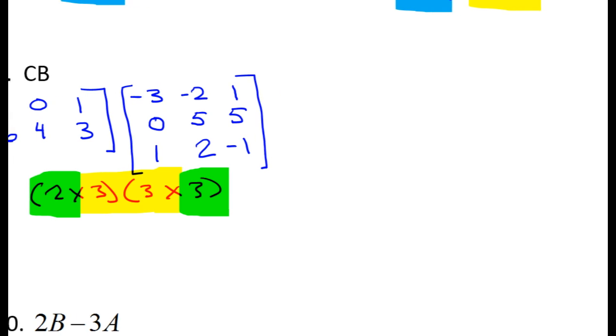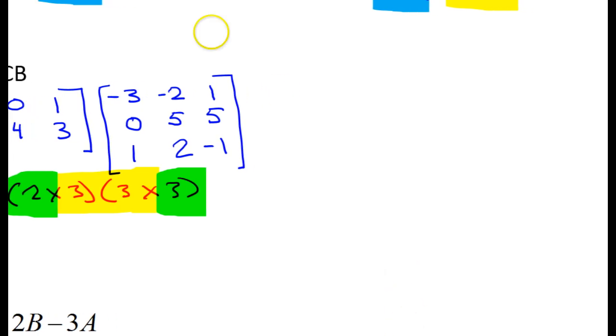We need that information right now because we need to set up a 2 by 3 matrix in which to work. So I'm going to make a giant 2 by 3 matrix. So 2 rows, 3 columns. Here we go. I'm setting up a giant 2 by 3 matrix.